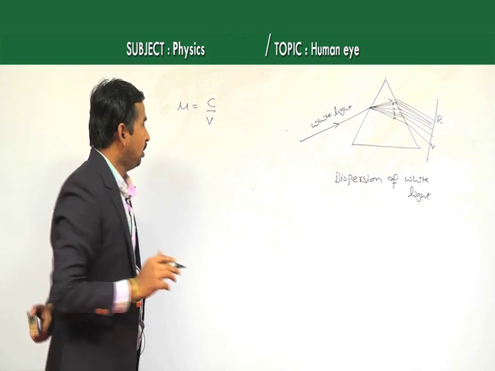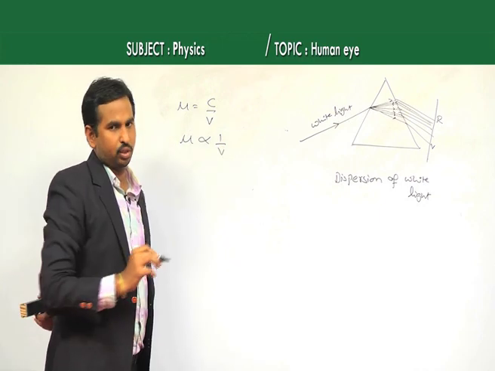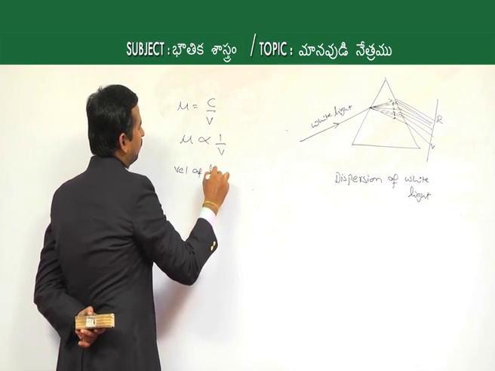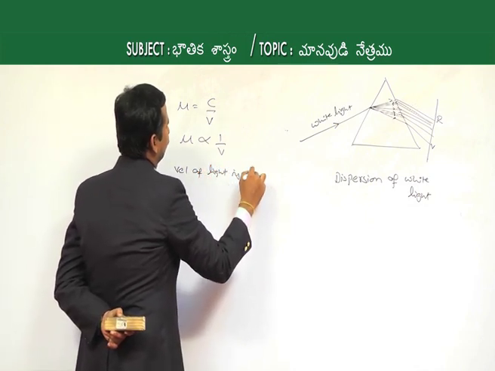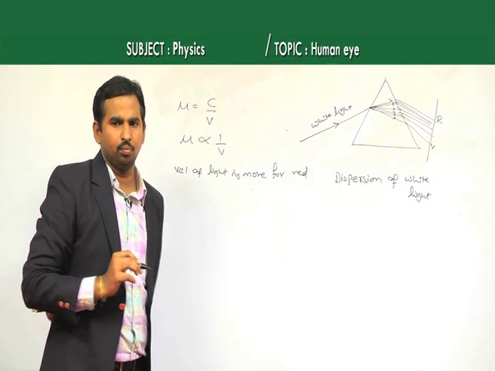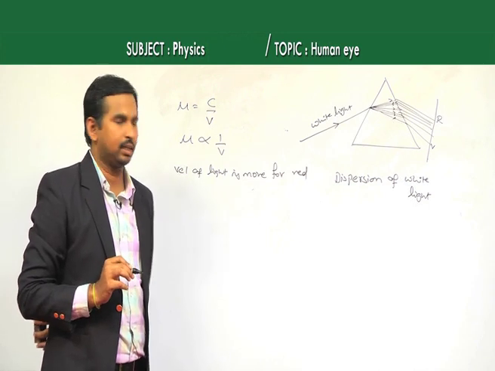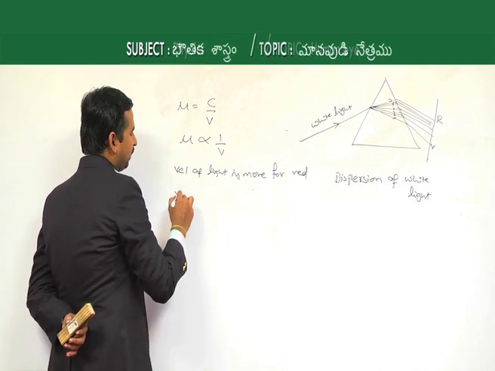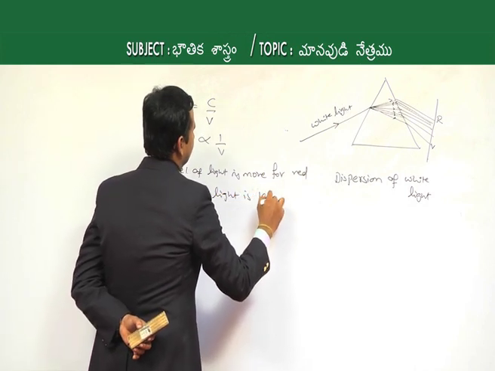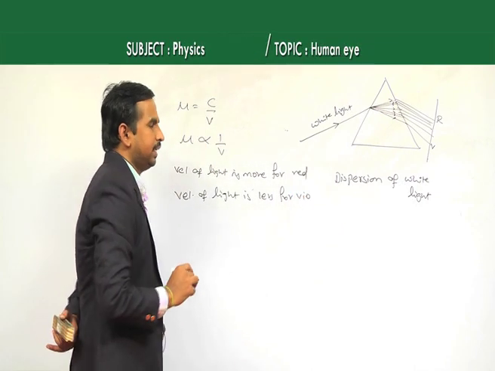So the refractive index mu is inversely proportional to velocity. The velocity of light is more for red color, which is why red is used as the danger symbol, like in traffic signals. The velocity of light is minimum for violet.